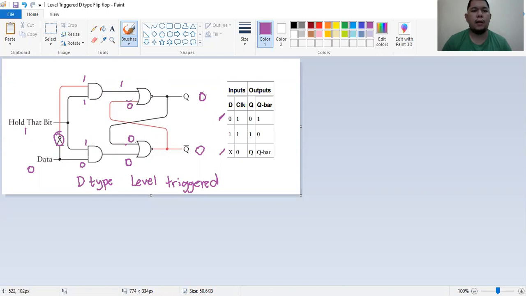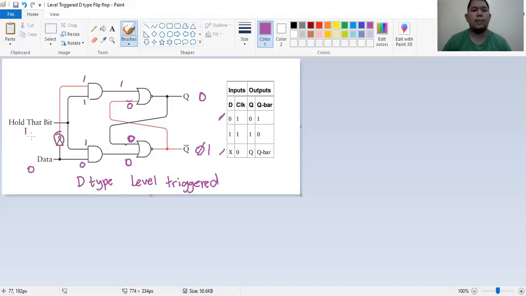This output is fed back to this other output, and this 0 or 0 becomes 0, inverse that becomes 1. So essentially, we have changed the output, or the stored value of the circuit, by setting the hold that bit value to 1.